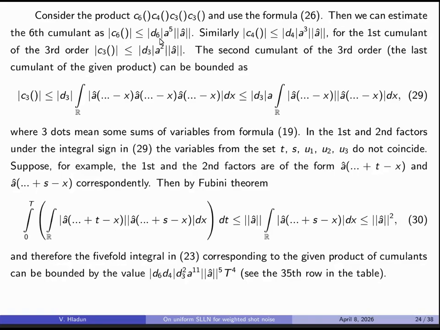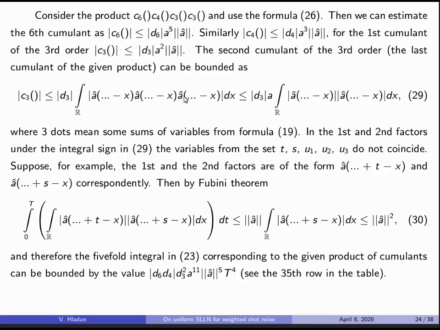Then we can estimate the sixth order cumulant as such a bound, and similarly for the cumulant C4, and for the first cumulant of the third order we will have such a bound.